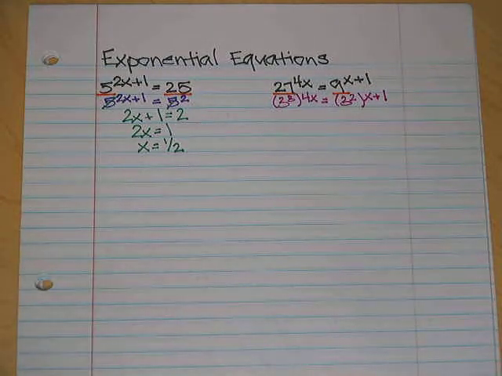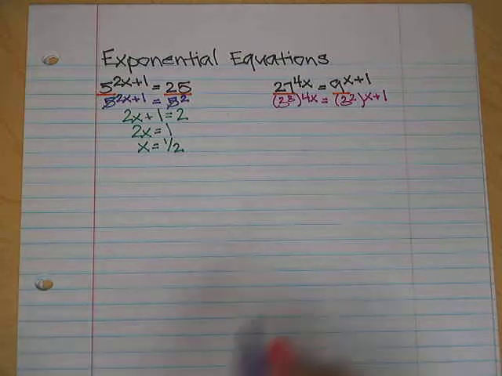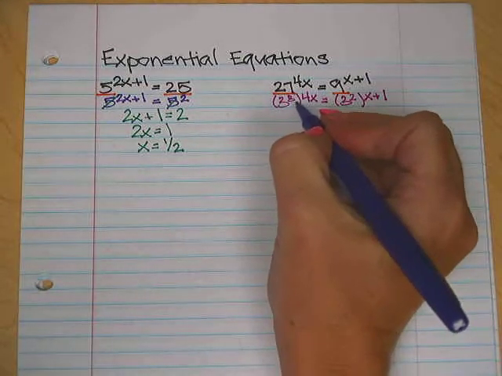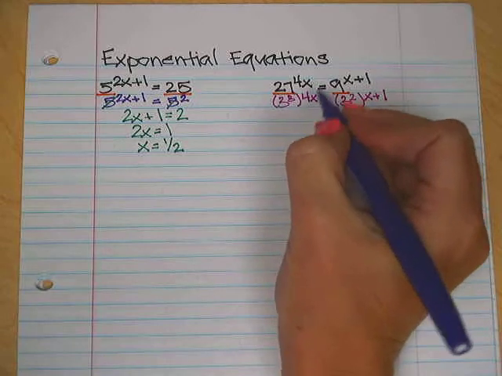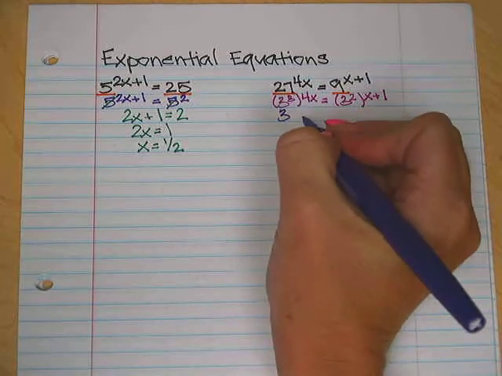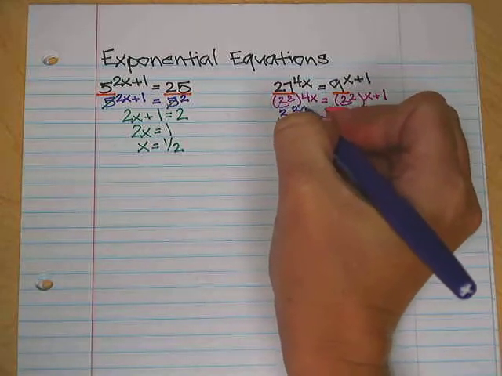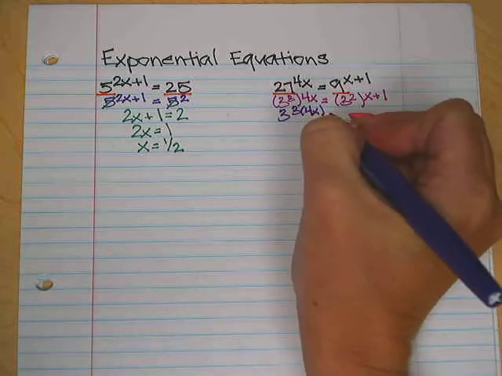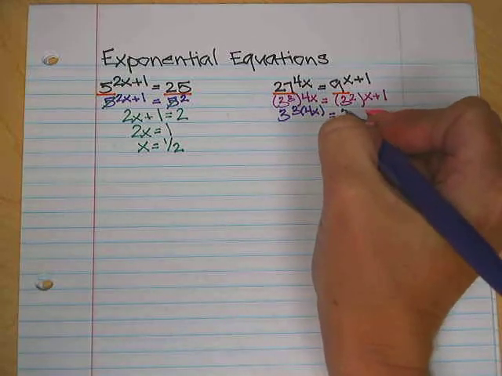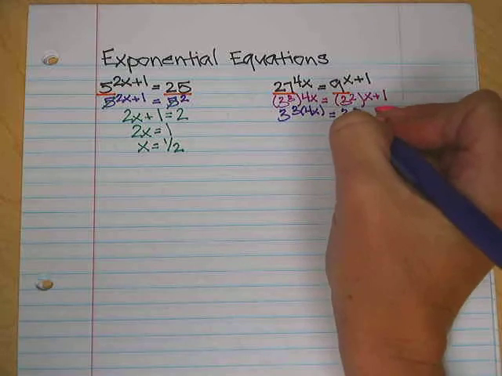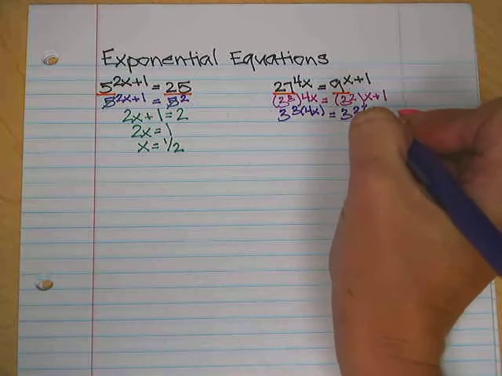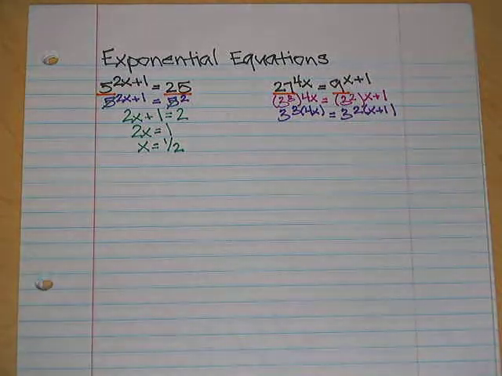And then if you'll remember back to your exponent rules, when you raise a power to a power, you multiply the exponents. So we can rewrite this again as 3 to the 3 times 4x power. And this side can be written as 3 to the 2 times x plus 1 power.